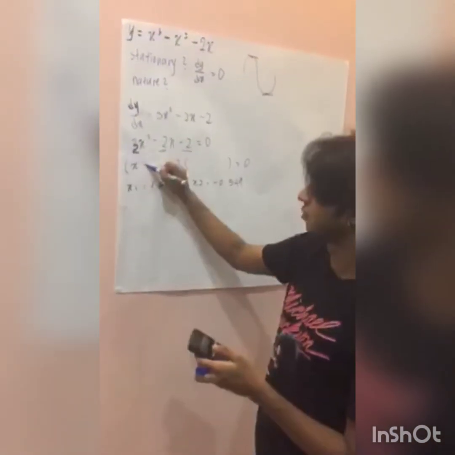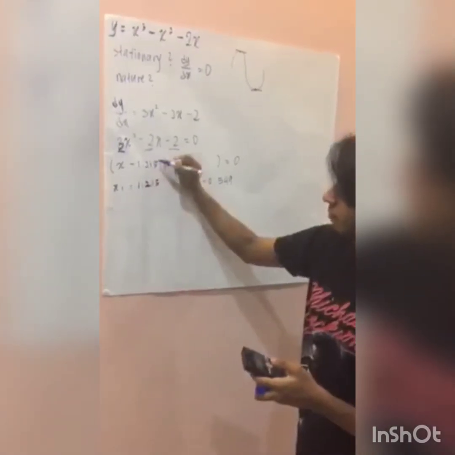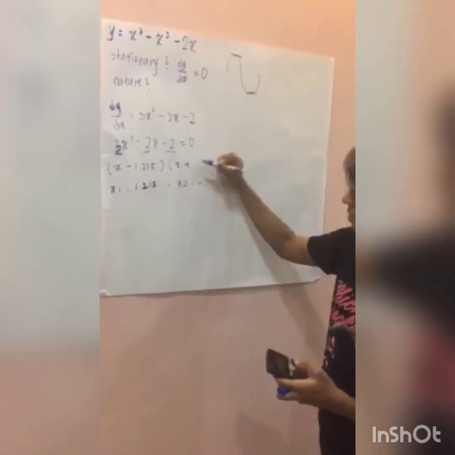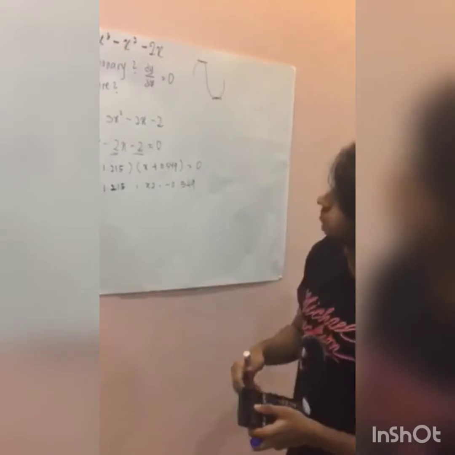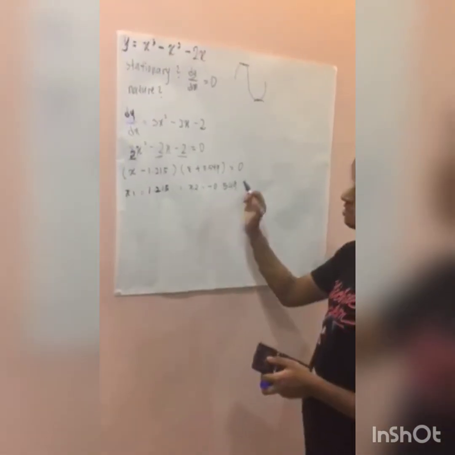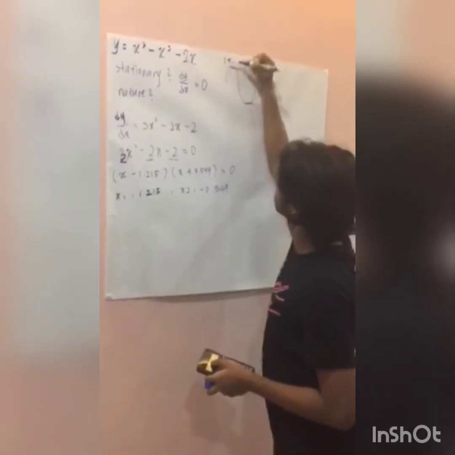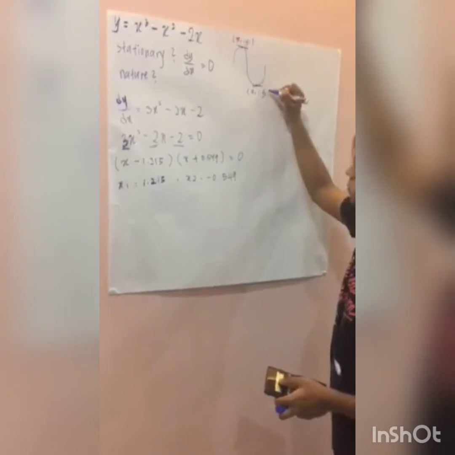Since the sign here is positive, it will be negative: x minus 1.215. And x2, since here is negative, it will be positive: x plus 0.549. After we get both these points, we want the coordinates x1, y1 and x2, y2.